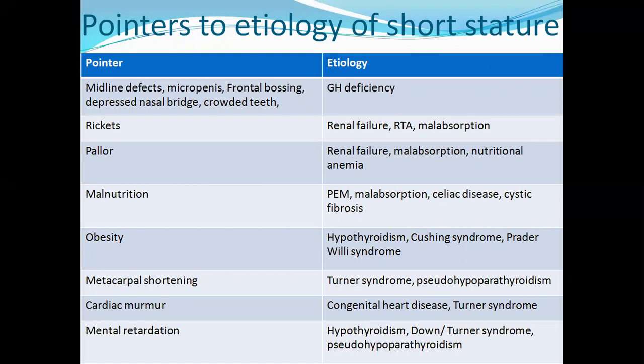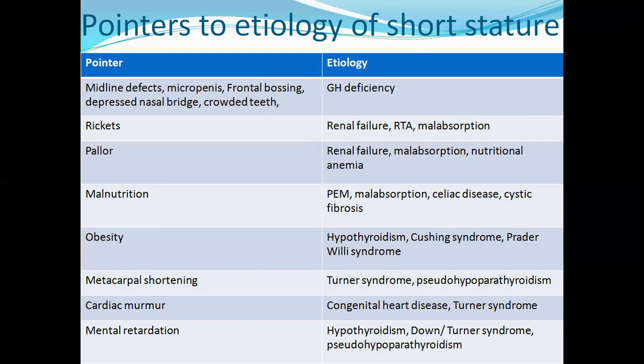If the baby is malnourished, then we may be dealing with protein energy malnutrition, again malabsorption, cystic fibrosis, celiac disease. Now, if the baby is obese and has short stature, then we are dealing with some sort of Cushing syndrome, Prader-Willi syndrome, and most important, hypothyroidism.